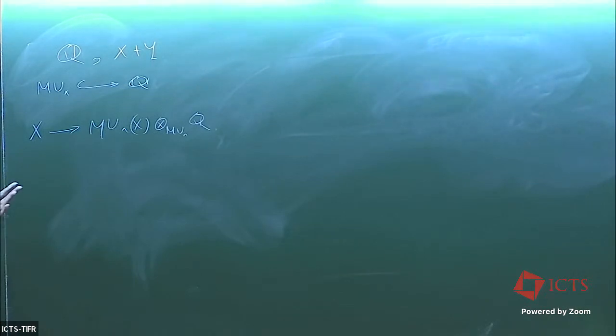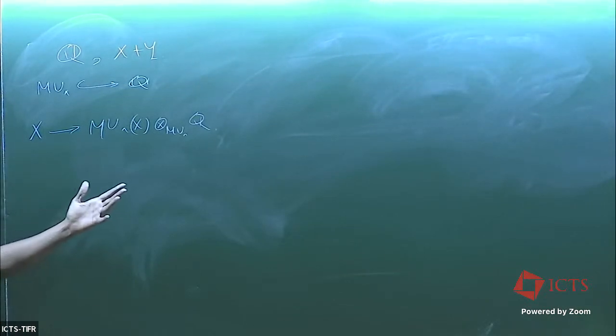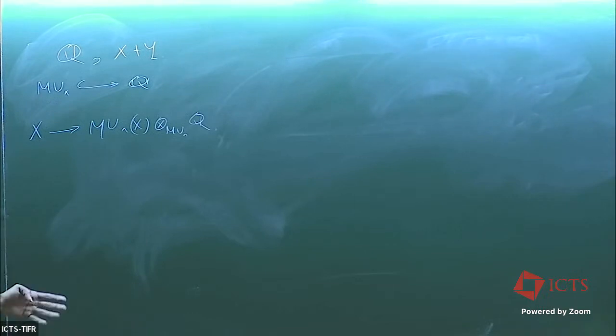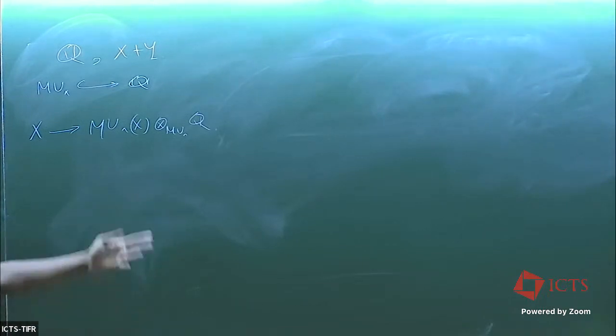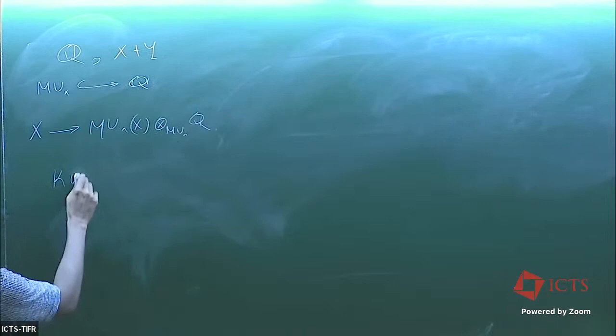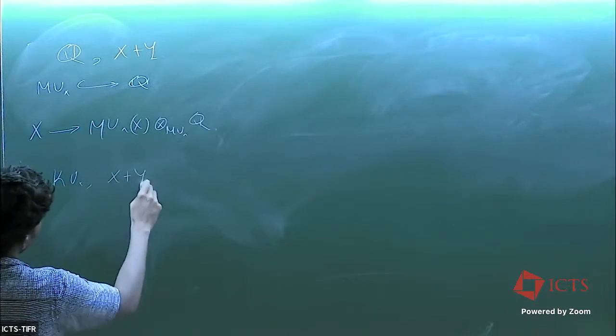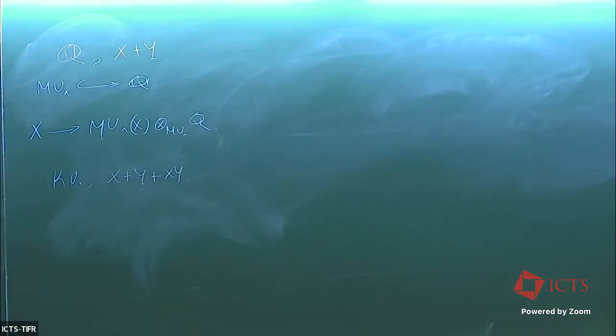What is this homology theory? This homology theory is basically HQ. Similarly, you can do the same thing with KU star. If you take KU star and the group law x plus y plus xy, and you do the same gymnastics, you receive another cohomology theory, another spectrum, which will be KU itself.